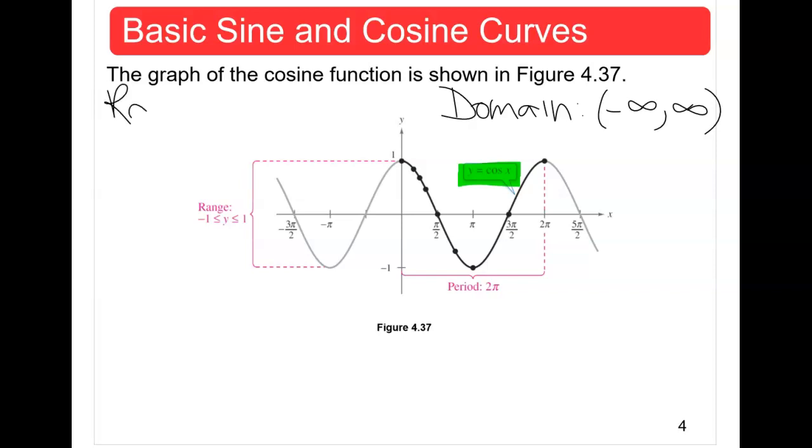And the range is going to be the same as the sine function. The smallest y value will be -1, and the largest will be +1. I use the square bracket because that means they are included in our interval.